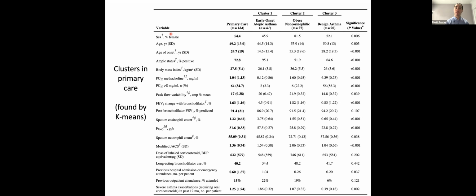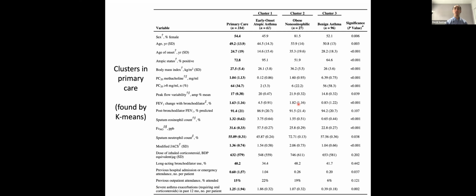We have the gender of the individual, their age, the age when they had an onset of asthma, their body mass index, a measure of their lung function measured by this biomarker called FEV1 change, how much corticosteroids they inhaled as part of their typical therapy, how often they were admitted to a hospital or emergency room, and how many severe asthma exacerbations they had in the past 12 months. So each one of those is one of the features.